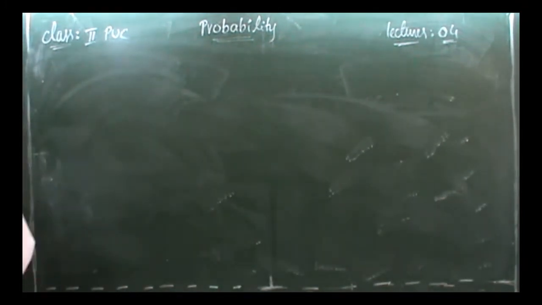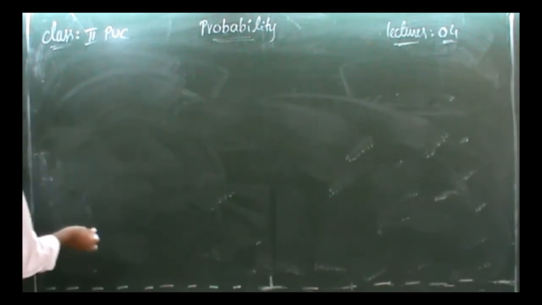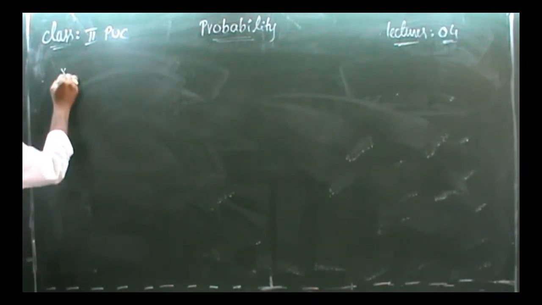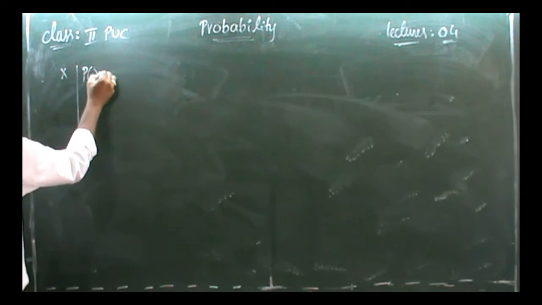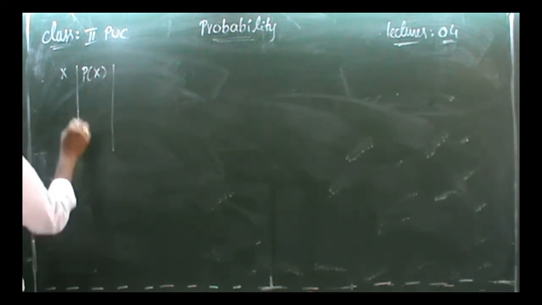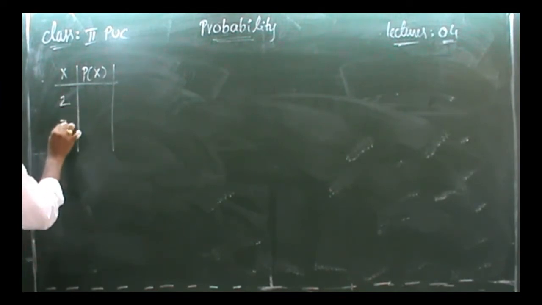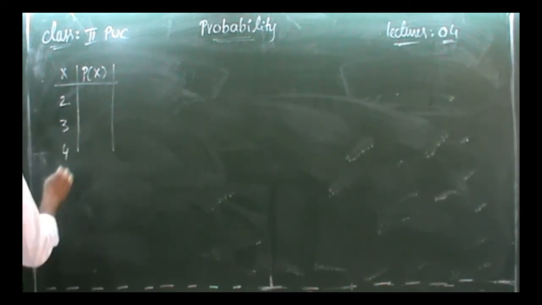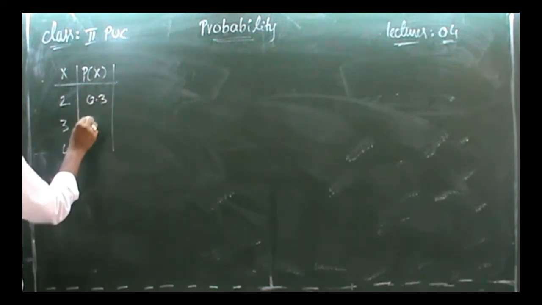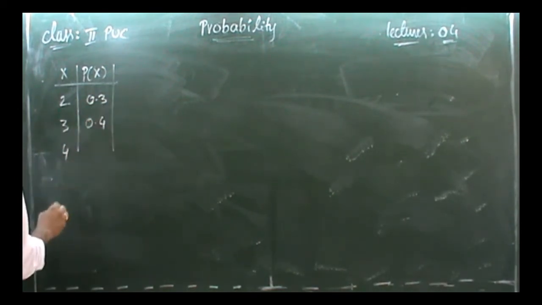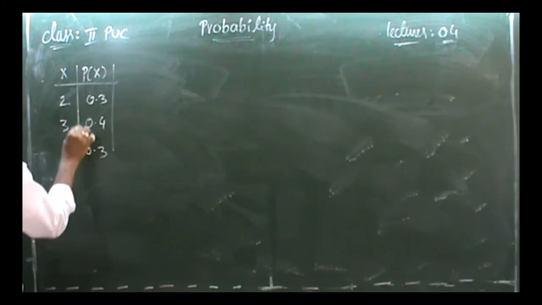The next question: he gave x values and p of x, in a frequency distribution table. He gave 2, 3, 4 and the values 0.3, 0.4, 0.3.